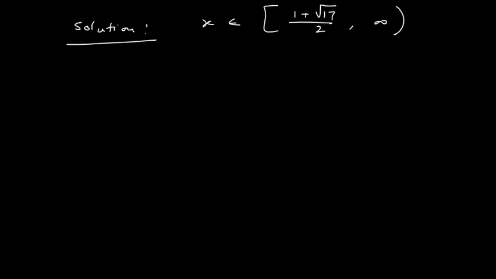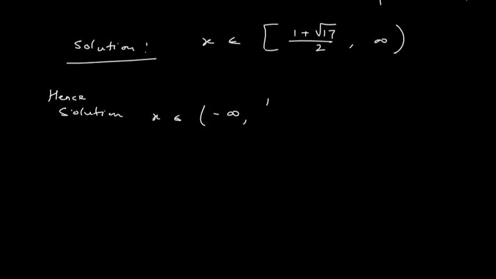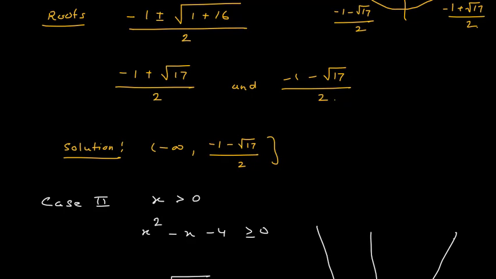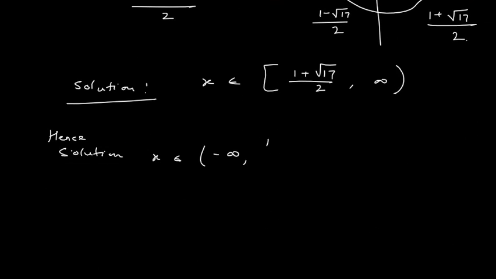Both these solutions are valid, so my final solution will be x belongs to minus infinity to minus 1 plus root 17 divided by 2, or union 1 plus root 17 divided by 2 comma infinity.